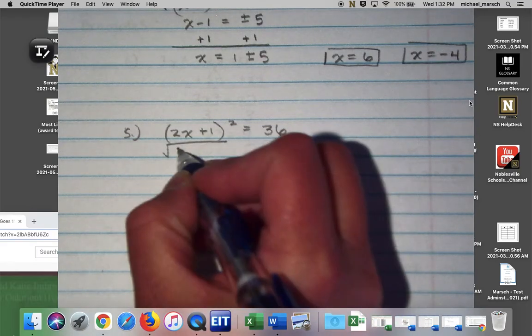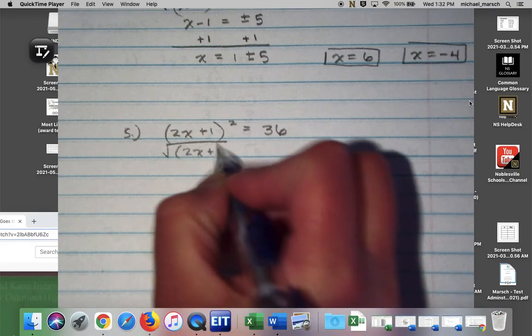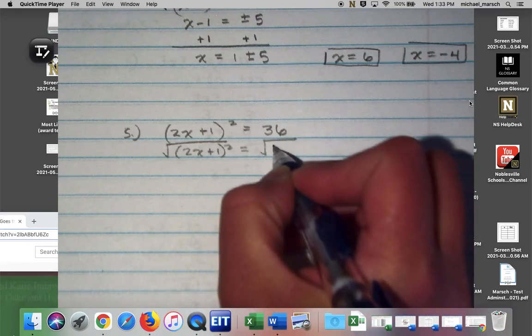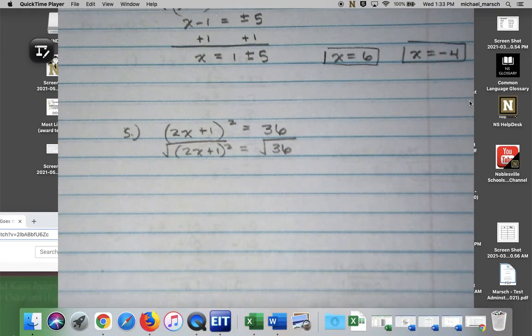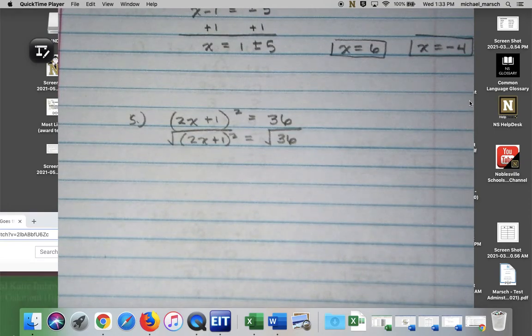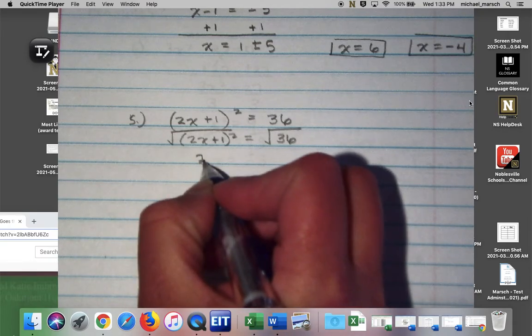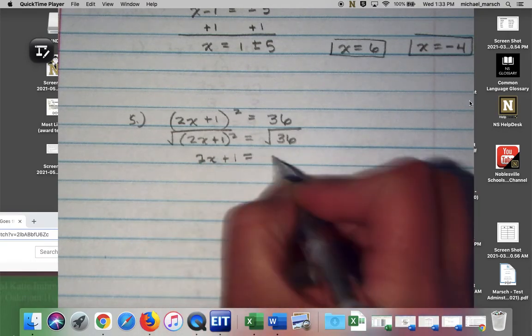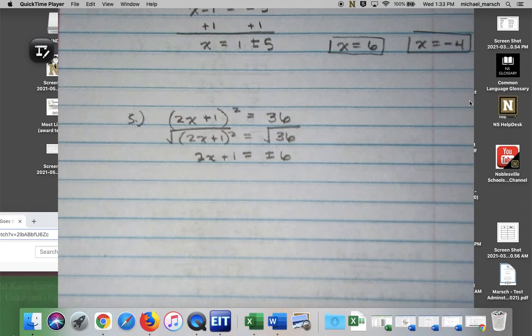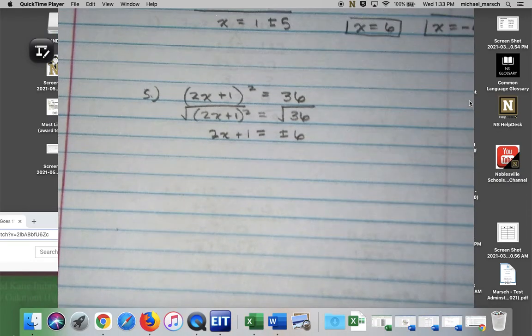I'm going to do the square root of 2x plus 1 squared, and I'm going to do the square root of 36. So what's my next line going to look like? Plus or minus 6, right? Good. 2x plus 1 equals plus or minus 6.